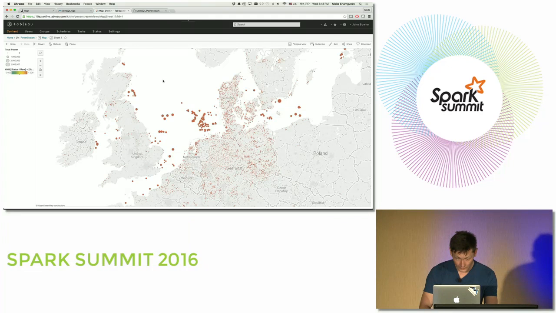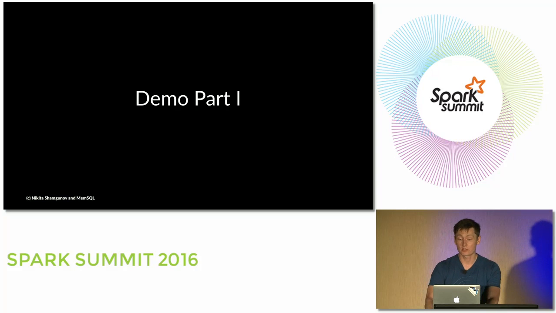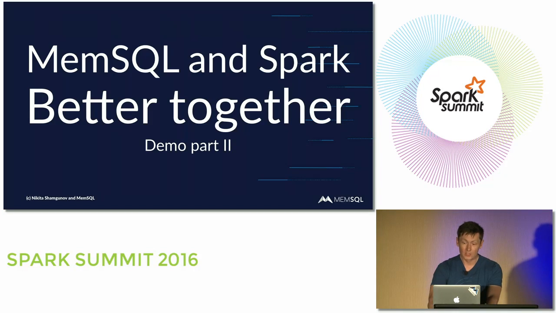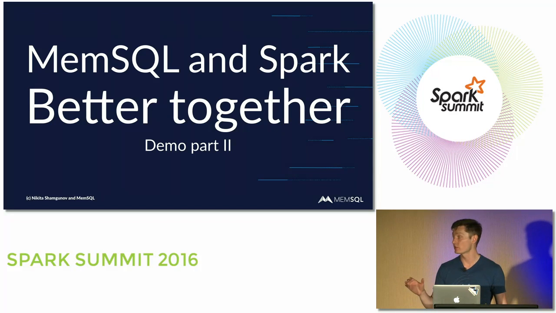OK, so let's switch back to the slide deck. So MemSQL and Spark, there is a lot of synergy between the two technologies, right? MemSQL focuses on speed, on storage, on managing state, on being able to update that state, on running sophisticated SQL queries.